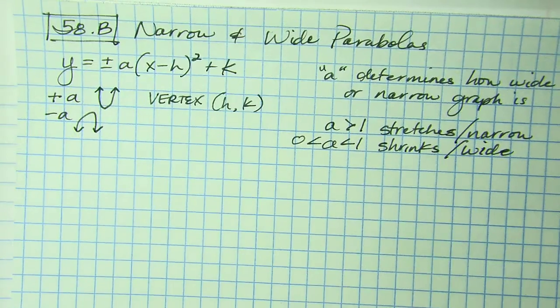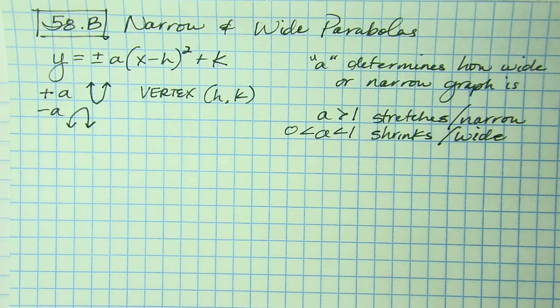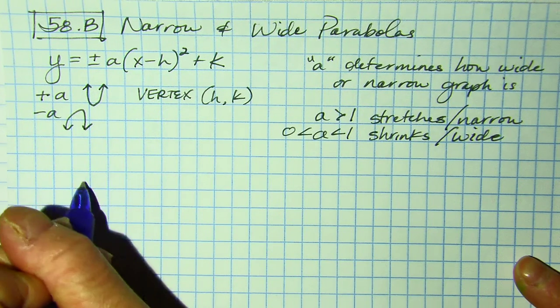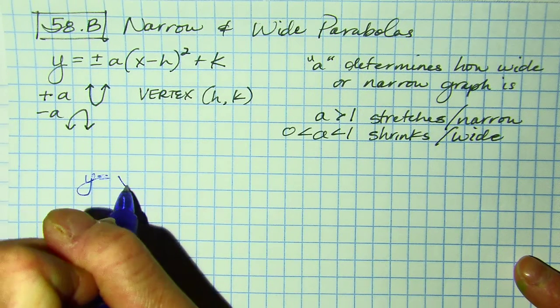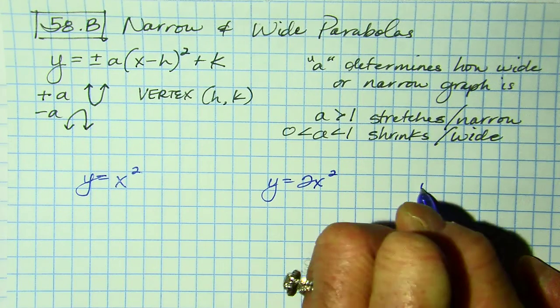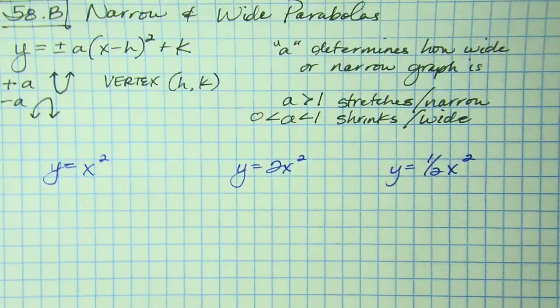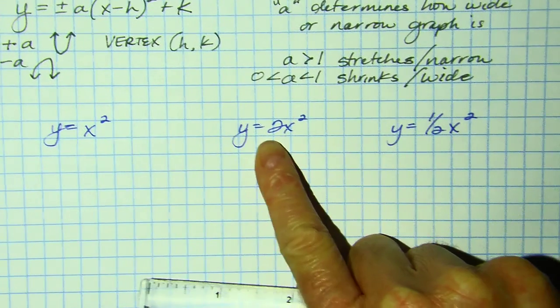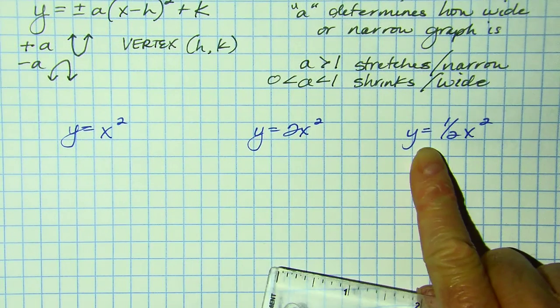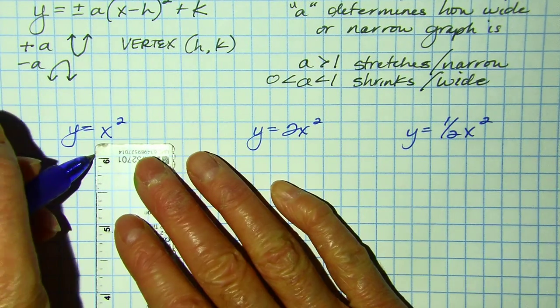Now, I like to show you how I graph it, my little shortcut, and I'm going to demonstrate that here as well. So y equals our parent function, y equals 2x squared, y equals 1/2 x squared. And so you can see the effect of an a value greater than 1, and a value that is greater than 0 but less than 1.